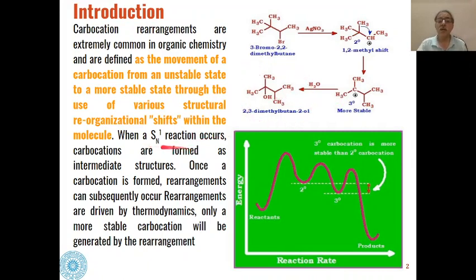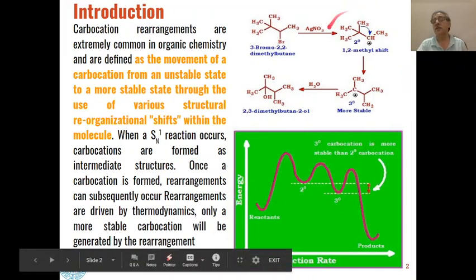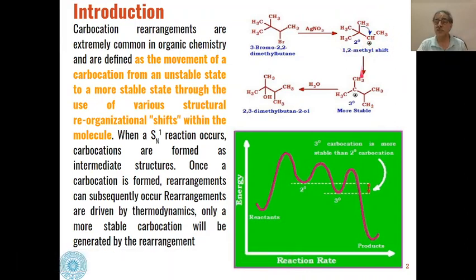So we know when an SN1 reaction takes place, then carbocations are formed as the intermediate structures, and once a less stable carbocation is formed, it tries to change into a more stable carbocation.